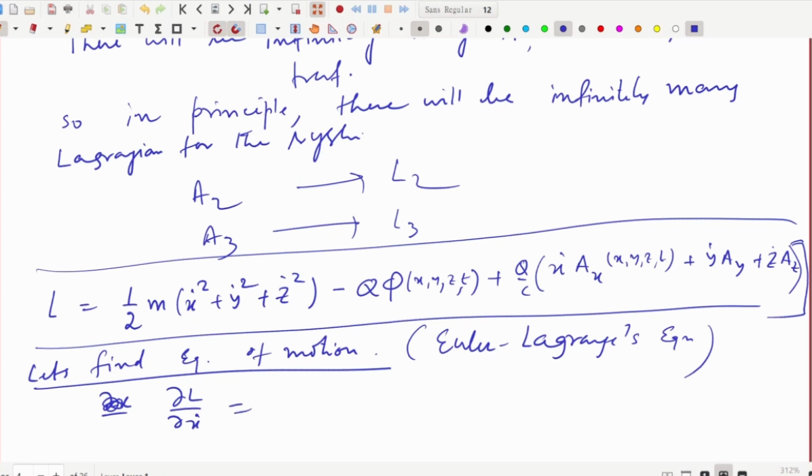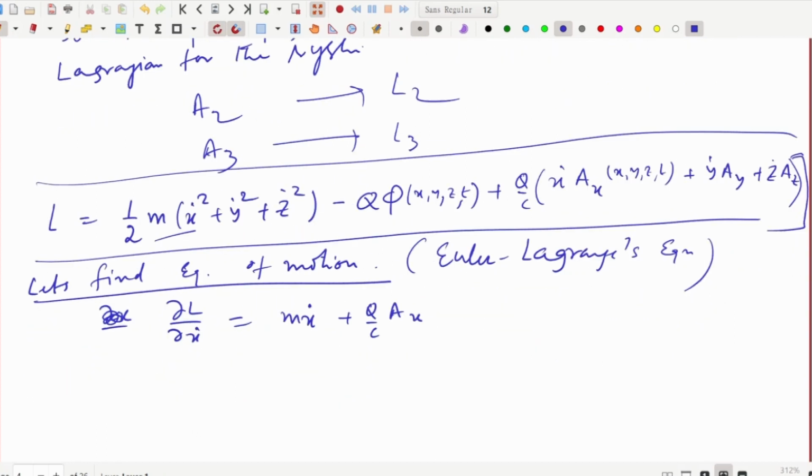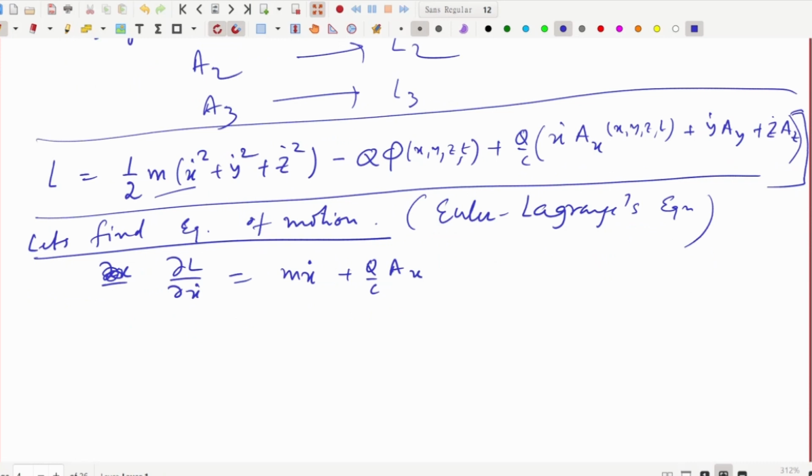What will be there? From the first term you will get m x dot, and then x dot is also in the second term, so you will get q by c A x. So in two places you will get your x dot. Now, let me write d dt of del L del x dot, which will be m x double dot.